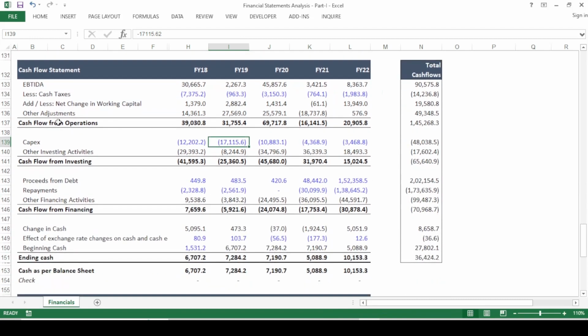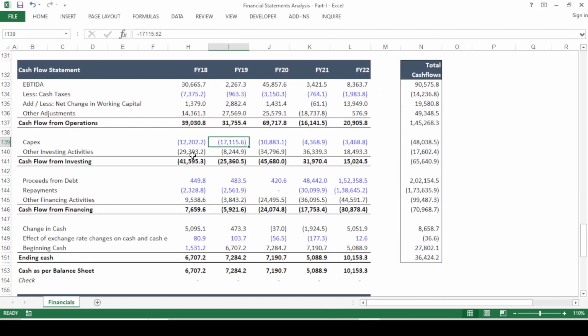Then after the cash flow from operations, we have something called the cash flow from investing. This will include all the activities that are related to the investments. Either the company is going to expand, so for that it needs to invest into, let's say, property, plant and equipment, intangible assets, or maybe capital work in progress. Those sort of expenses will be under this head.